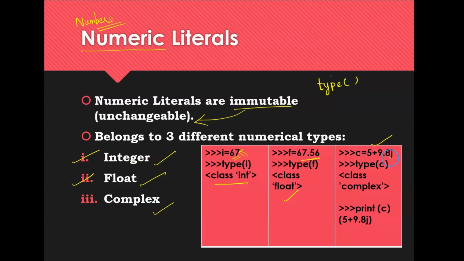Under the complex type, we have one real part and another part, the imaginary part. The real part is 5 and the imaginary part is 9.8. When we check type of c, the answer is class complex. When we print that c variable, it prints like this, with the value we initialized in brackets.